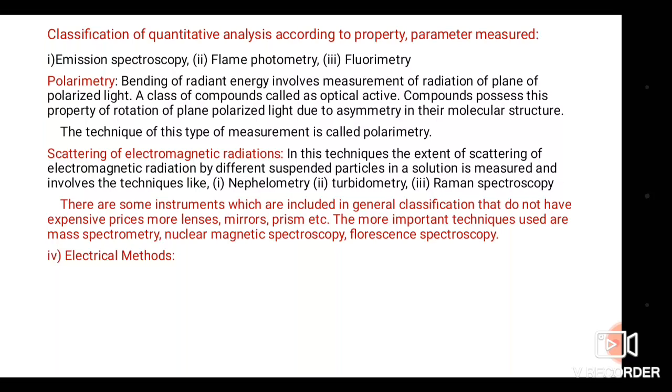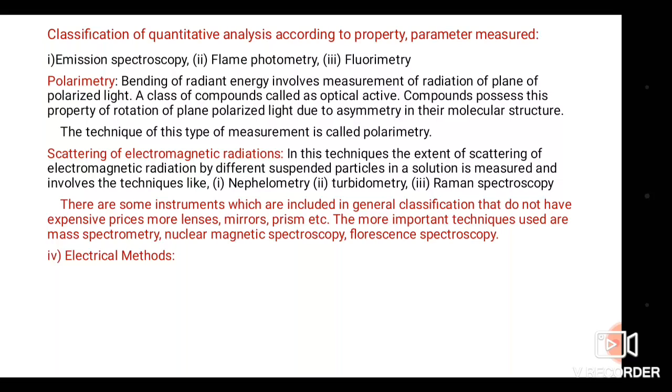The next one is the scattering of electromagnetic radiation. In these techniques, the extent of scattering of electromagnetic radiation by different suspended particles in a solution is measured, and it involves techniques like nephelometry, turbidimetry, and Raman spectroscopy. What is the scattering of a beam? Why does the sky look blue?